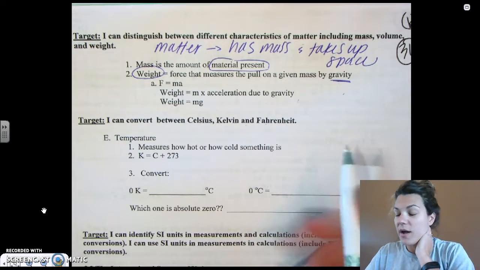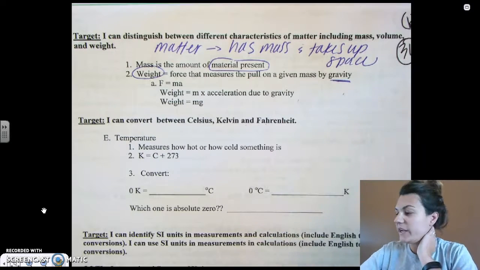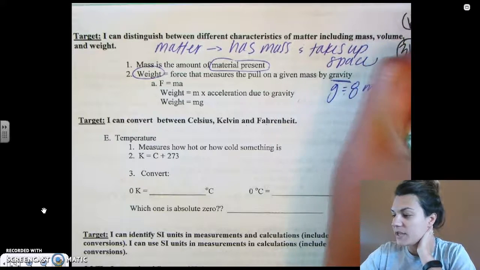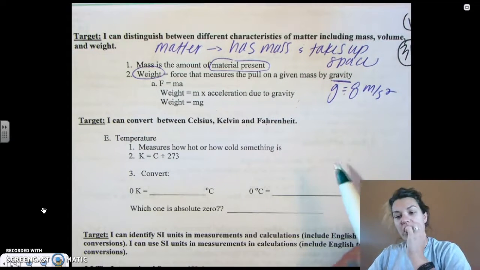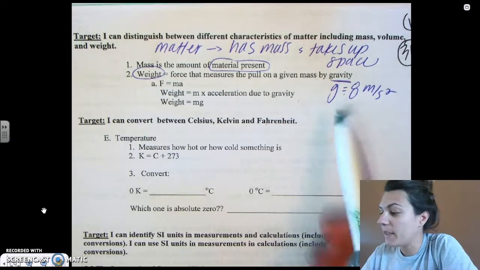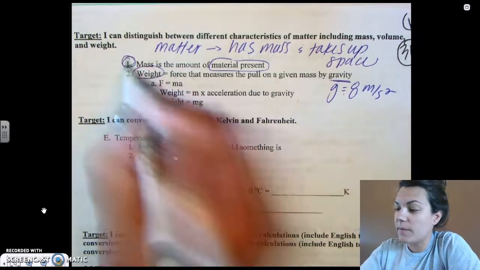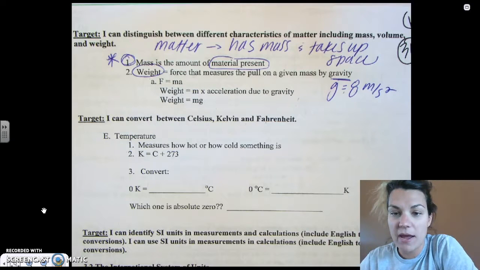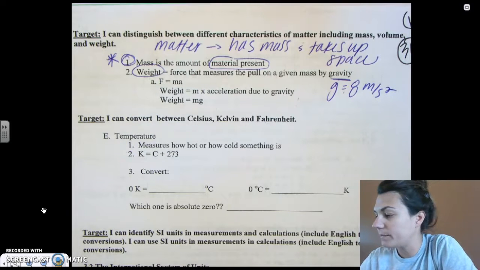And just a little tidbit, the gravity that we're talking about is 9.8 meters per second squared, but you don't have to worry about that because the main thing I'll talk about here is mass. So just make sure that you know the difference between mass and weight.